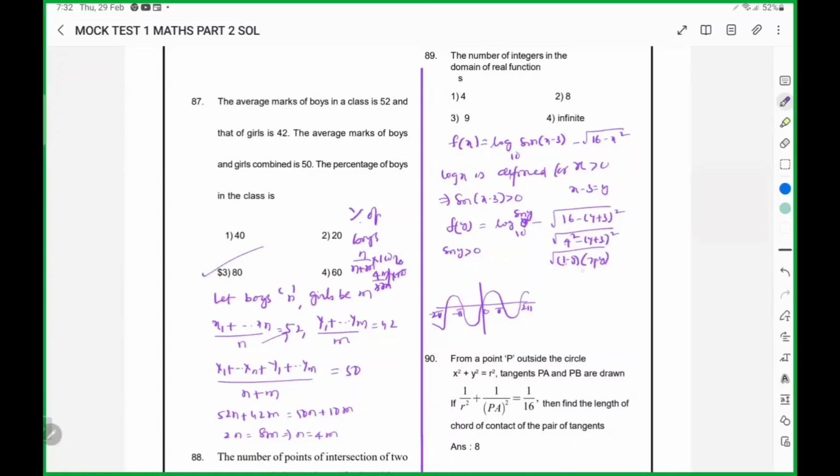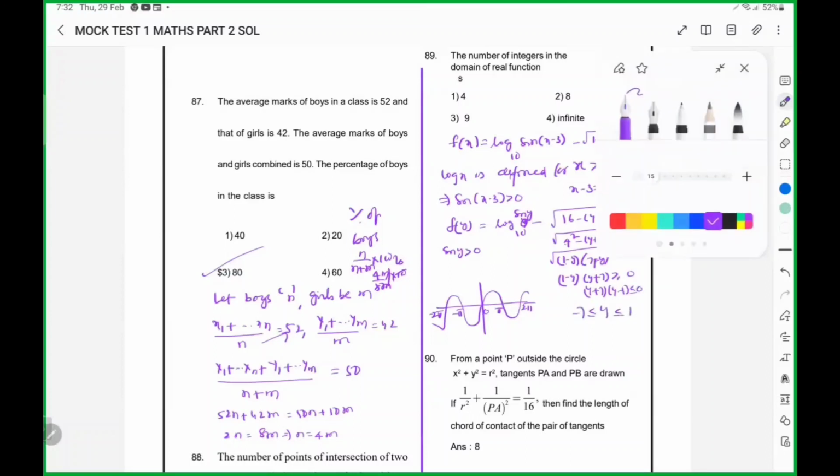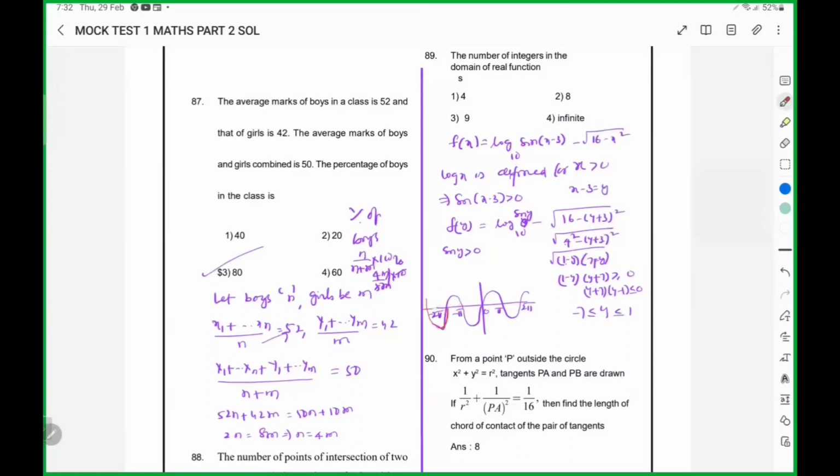That means the root function is defined when y plus 7 into y minus 1 is positive, that is, y lies between minus 7 and 1. Now y lies between, here minus 2 pi is minus 6, minus 7 to 1 somewhere here.